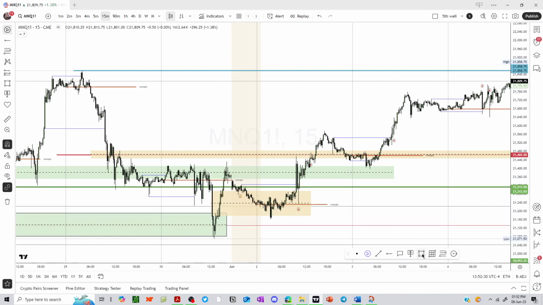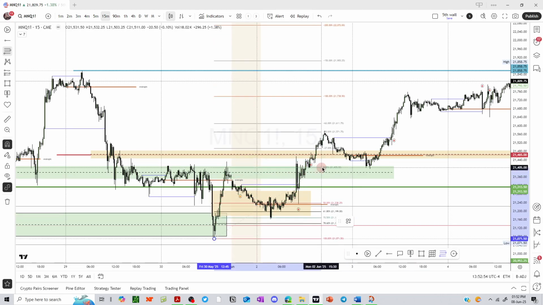An optimal trade entry long on this time frame, 15 minutes, because we already have this weekly bullish order block. And then we have this inverted fair value gap. And we can just optimal trade entry long here.